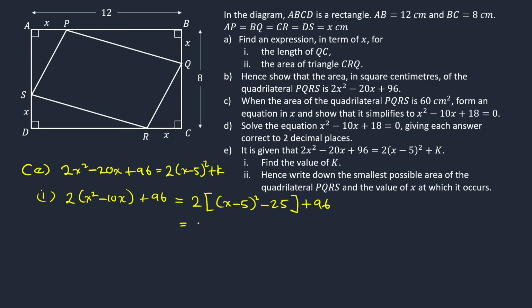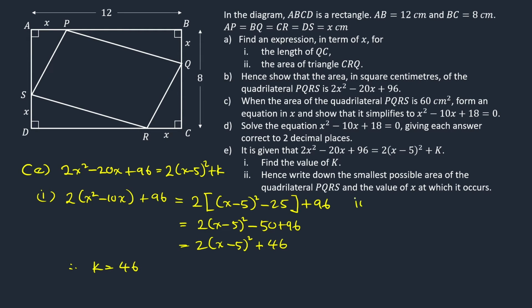So this is equal to 2 times (x minus 5) squared minus 50 plus 96, which is equal to 2 times (x minus 5) squared plus 46. Okay, so this is what it is. So that means, therefore, k is equal to 46.